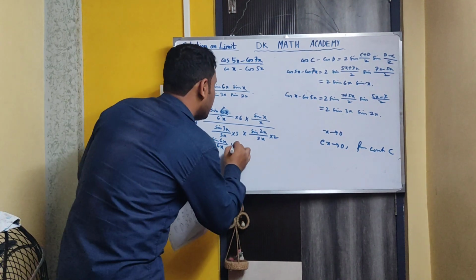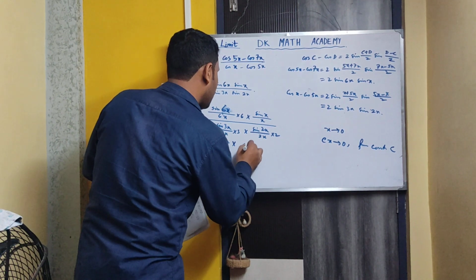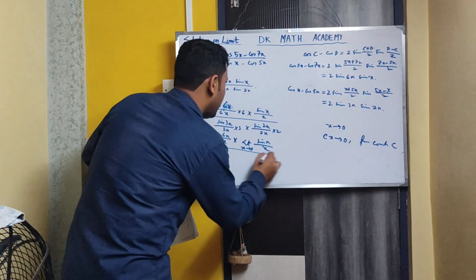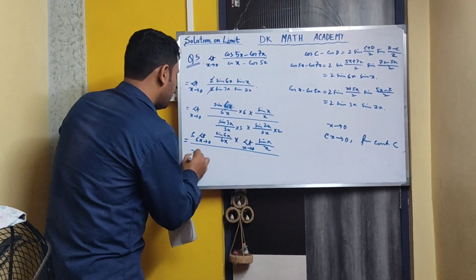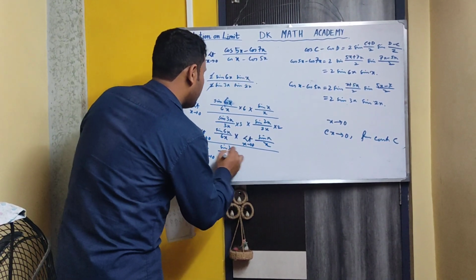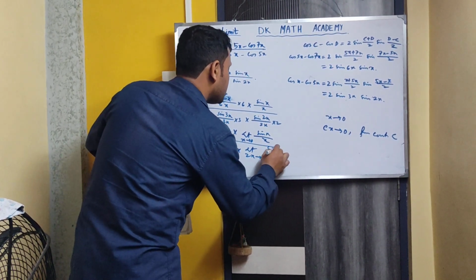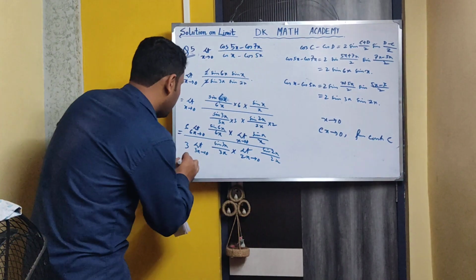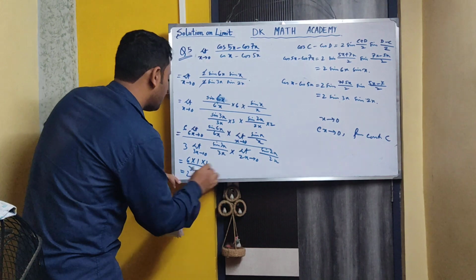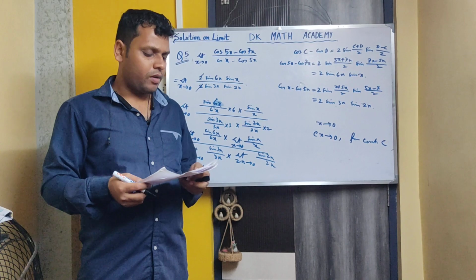So into here this is 6, limit x tends to 0, sin x by x whole divided by 3, limit 3x tends to 0, sin 3x by 3x into limit 2x tends to 0, sin 2x by 2x. That means 6 into 1 into 1 by 3 into 1 into 1, that means 2. The limiting value is 2. We see the next problem.